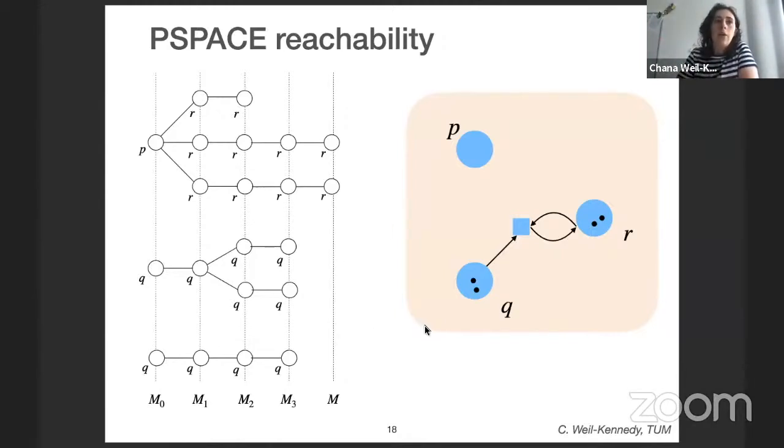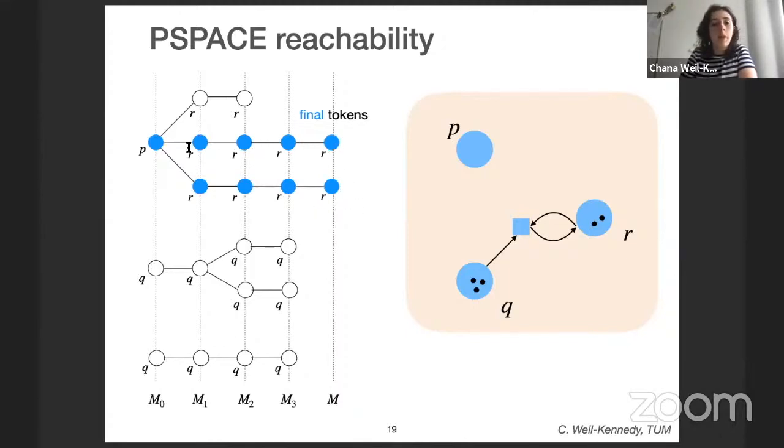And now that we have these token histories, we want to divide the nodes of these trees into 3 types. The first type is the final tokens. They're the ones who appear in the final marking of our firing sequence. So here in the final marking, there are 2 tokens in R, no tokens elsewhere.